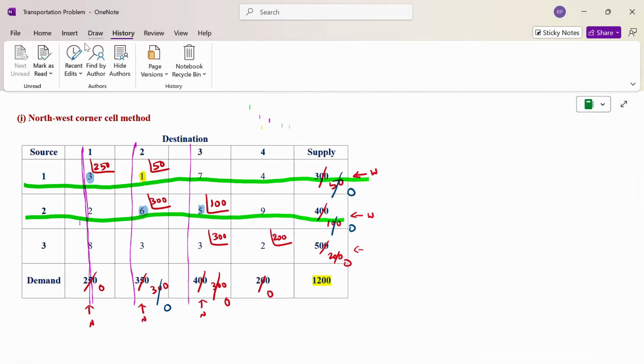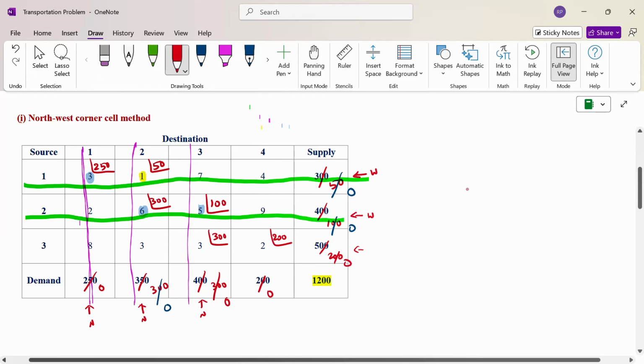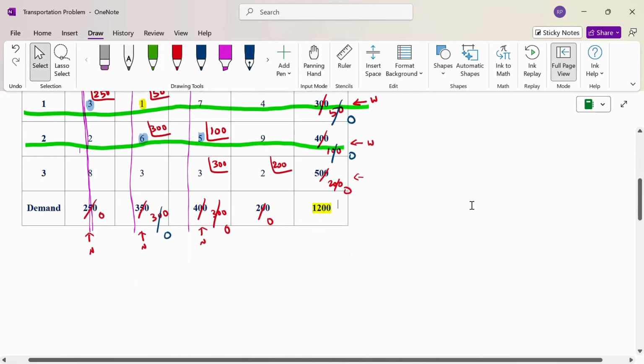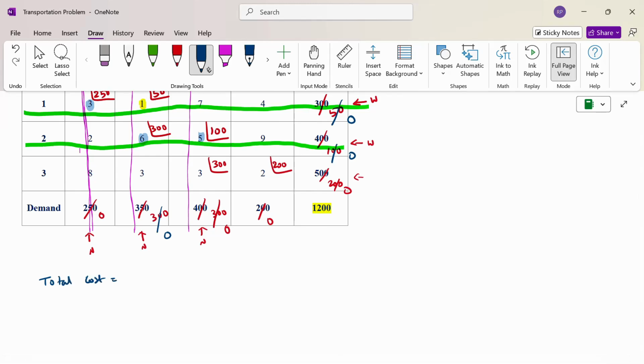Now to calculate the total cost. Because our main objective is to minimize the total transportation cost.